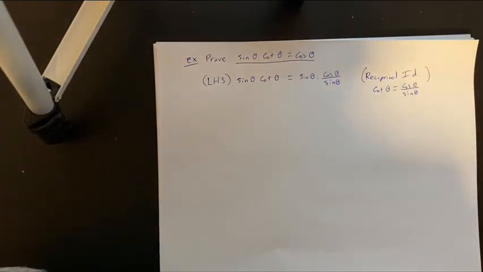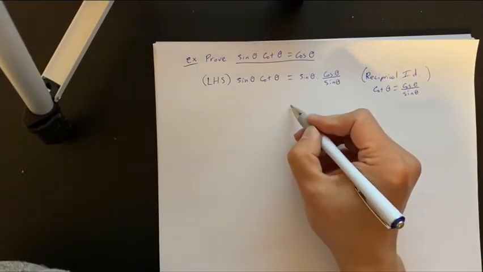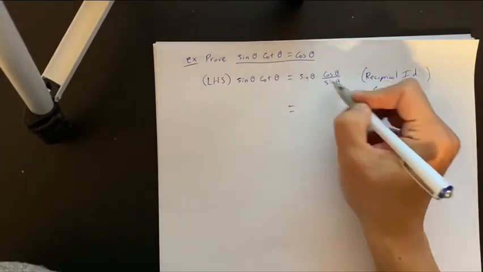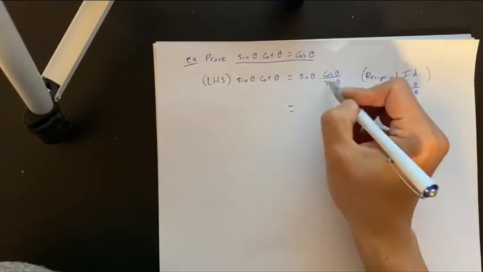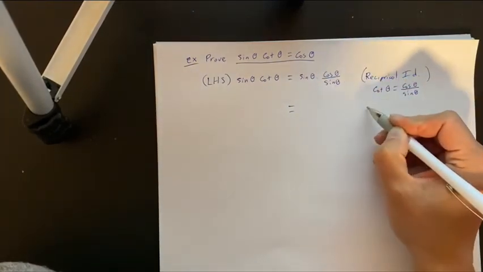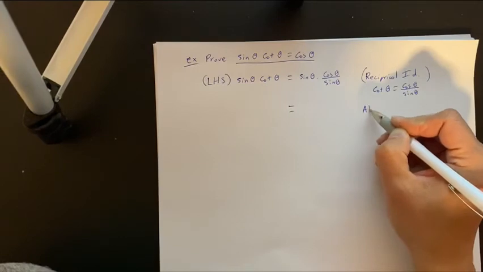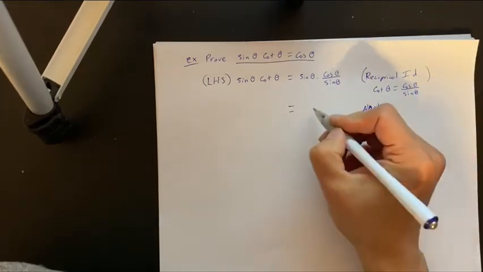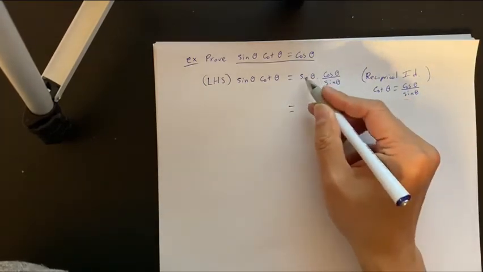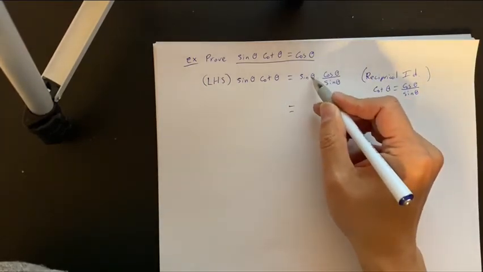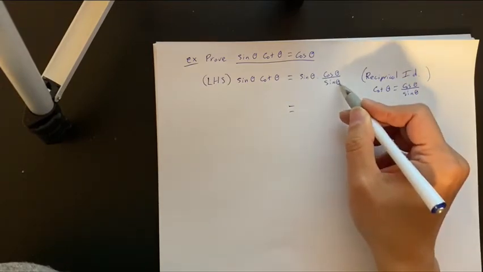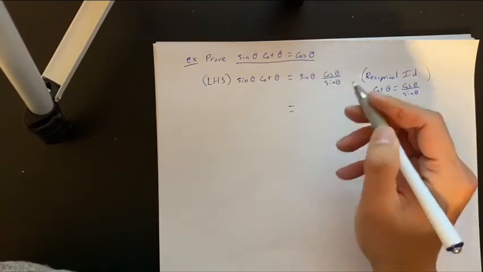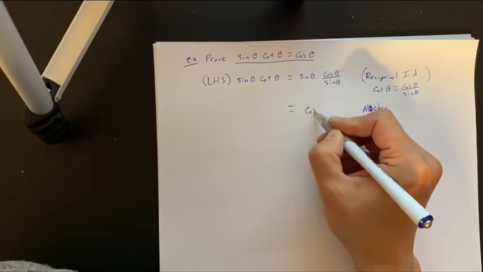All right, so that's my first step. My next step would be just to cancel out the sine. So if I cancel out the sine, that would be an algebraic step. So I'll just say algebra. And you can just simply cancel out the sine, because sine here is in the numerator, this sine is in the denominator, and so you're left with just cosine of theta.